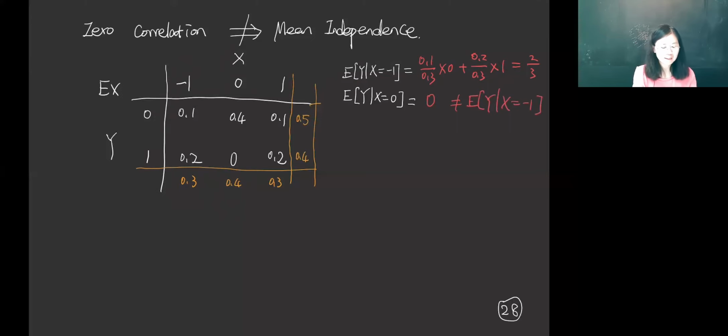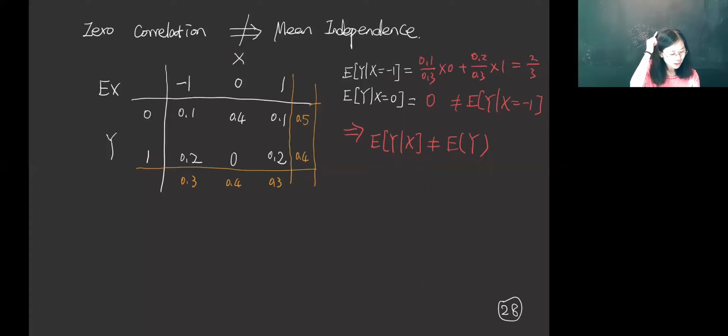So y is not mean independent of x. So E of y given x is not a constant. It could take two different values. Therefore, it cannot equal the unconditional mean of y, which is a constant.